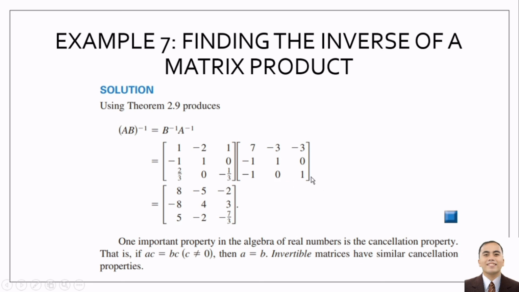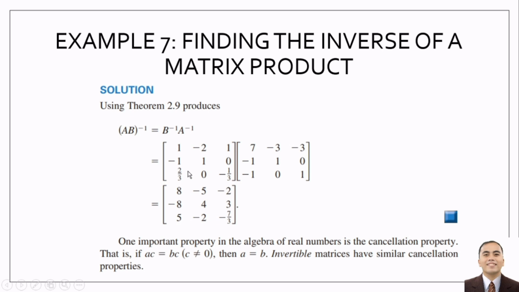Applying the rule in multiplication of matrices: first row and first column, first row and second column, first row and third column. Next, second row, first column, second row, second column, second row, third column.